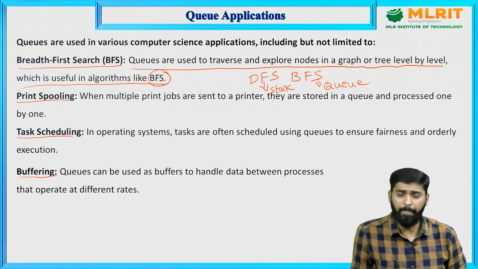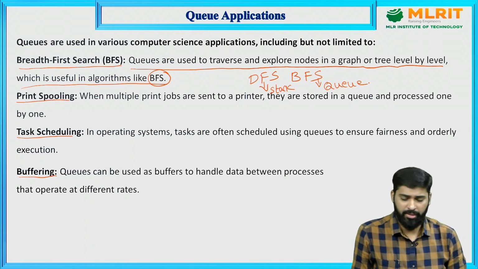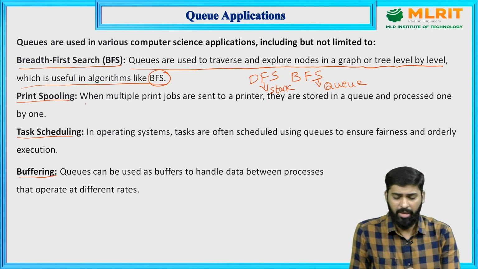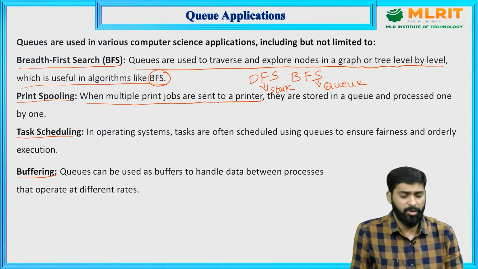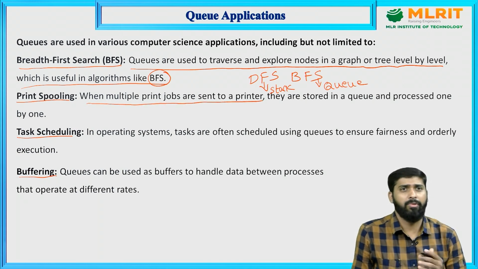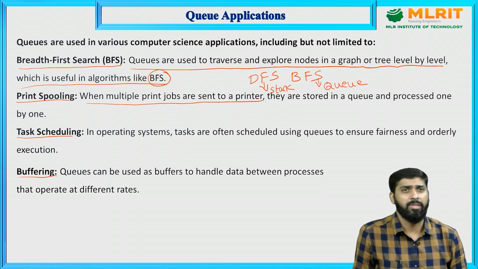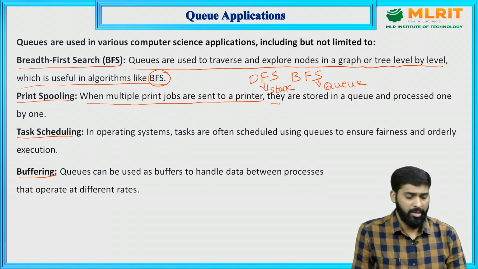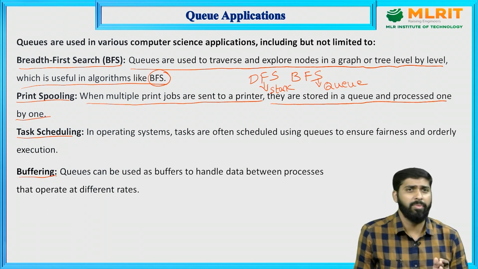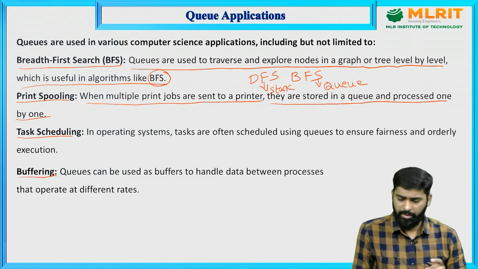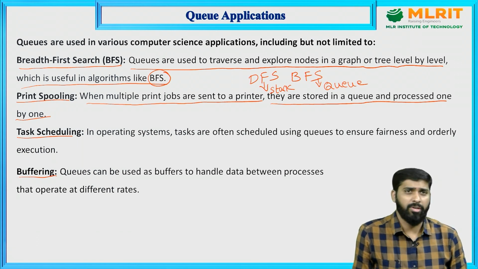So the next application is print spooling. Print spooling means when multiple print jobs are sent to a printer. For example, you print 5 documents one by one. Now they are stored in a queue and processed one by one. Queue means first in, first out, so the first job assigned will be executed first. And task scheduling.